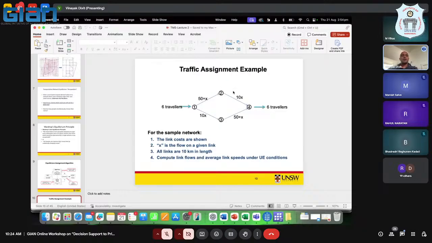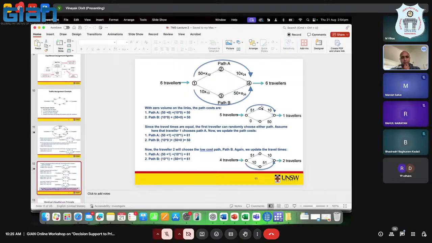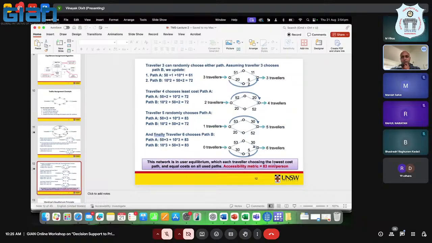Eventually you'll find that 3 vehicles need to go up and 3 vehicles need to go down. Then as you come down, you'll find that the accessibility metric is 83. So 53 plus 30 is 83.